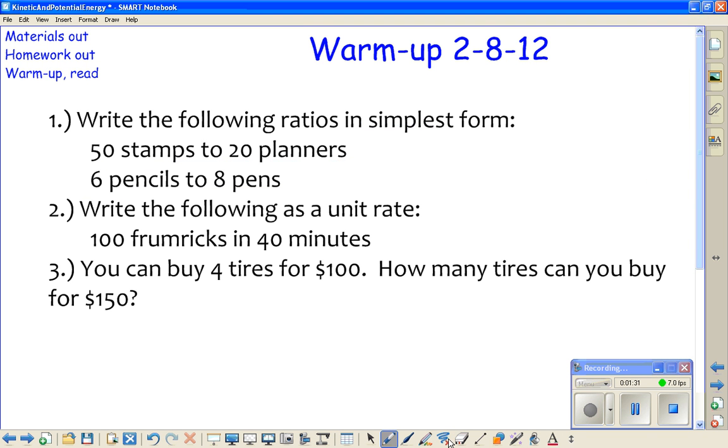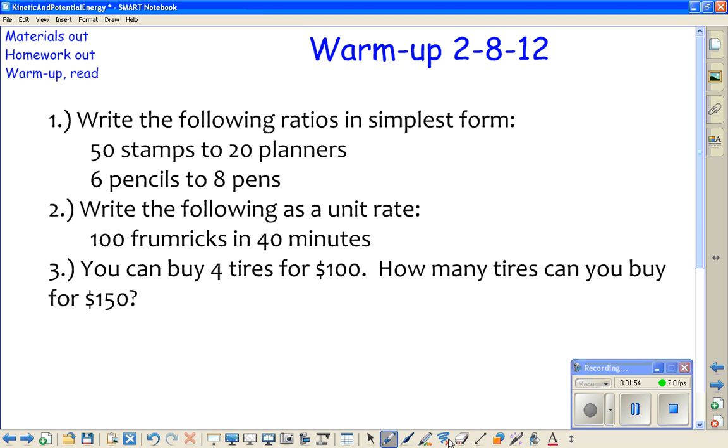Next problem. Write the following as a unit rate. What does a unit rate always have? What's something that a unit rate always has? Maybe on the top or bottom. Time?